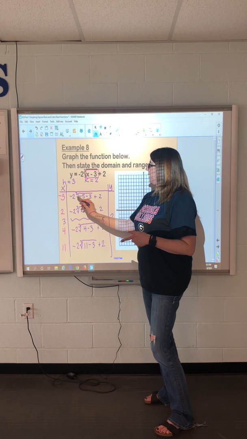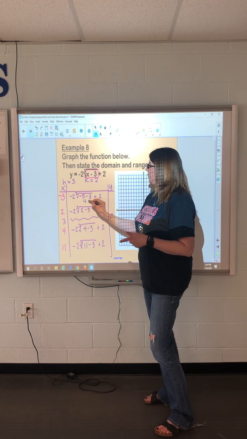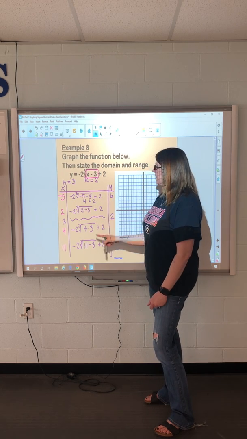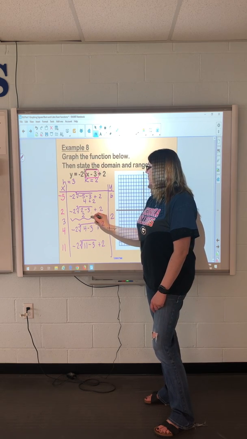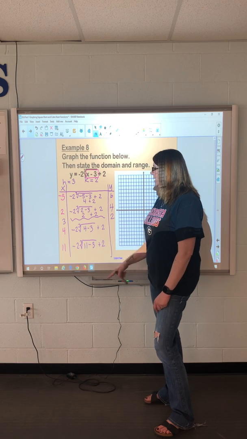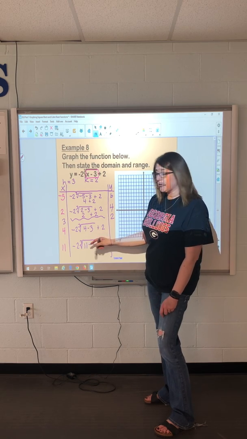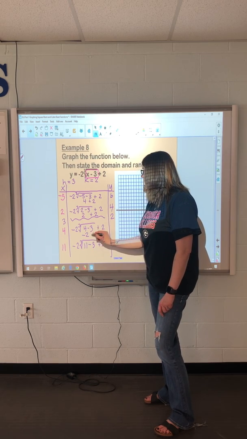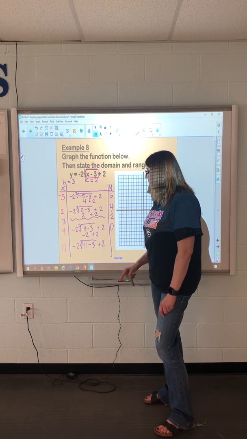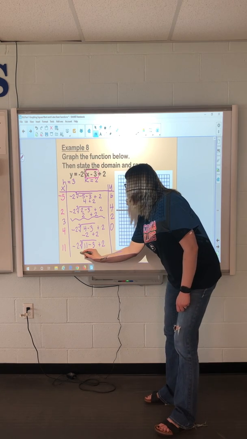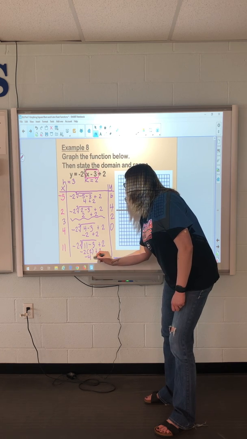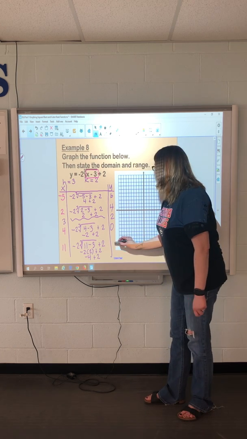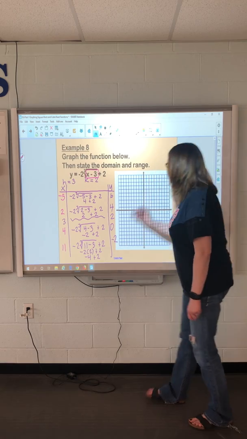We're going to end up with negative 2 times negative 2, which is 4, and 4 plus 2 is 6. Here we end up with negative 2 times negative 1, which is 2, and 2 plus 2 is 4. Here we would end up with negative 2 times 1, which is negative 2, and if I add 2 to that, I get 0. And the last one, negative 2 times 2 turns into negative 4, and negative 4 plus 2 is negative 2.